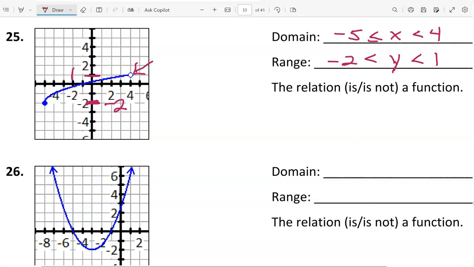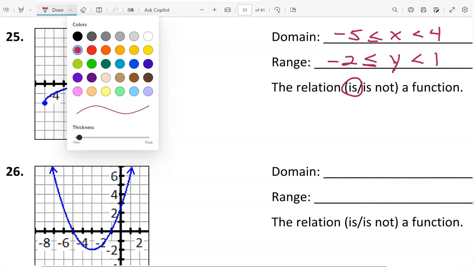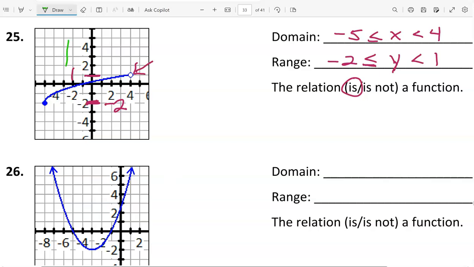And for -2, the y value is included because that bottom point on the graph is filled in. The top is a hole or an open circle. This relation is a function, and you can test it using the vertical line test. Any vertical line intersects the graph no more than one time.